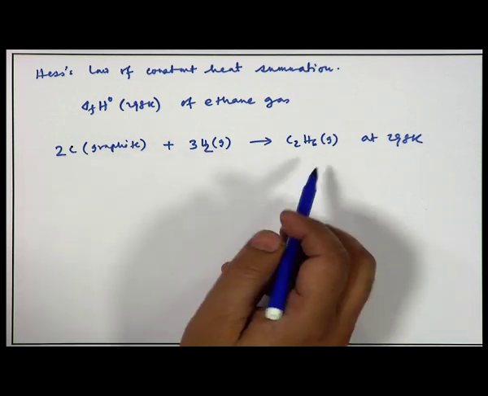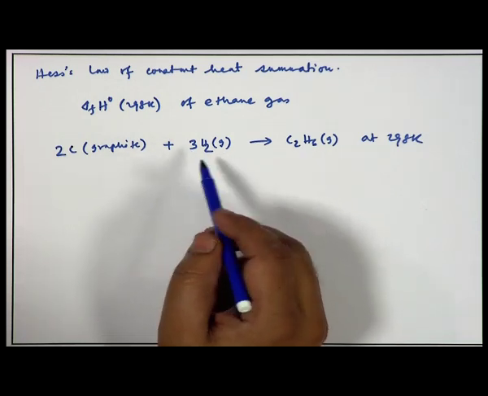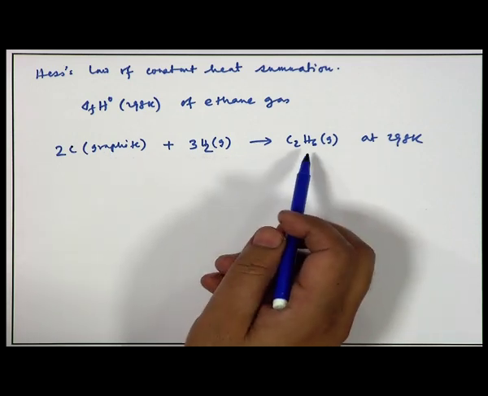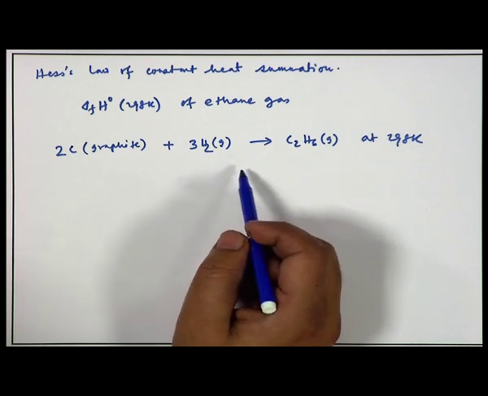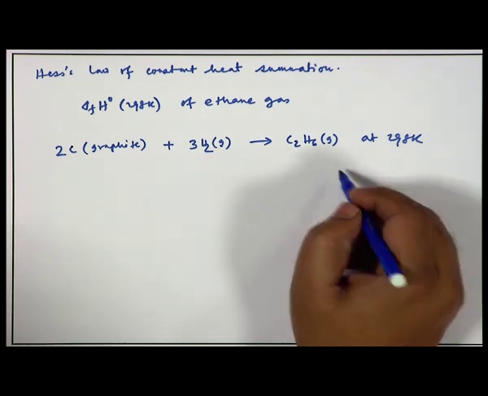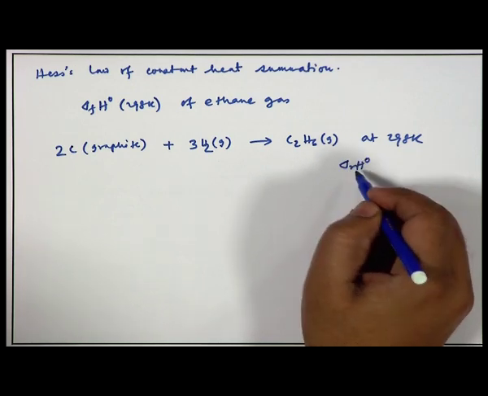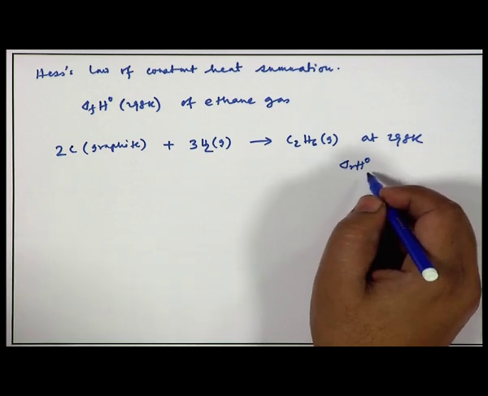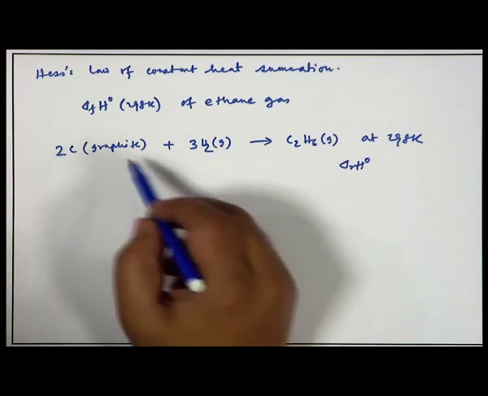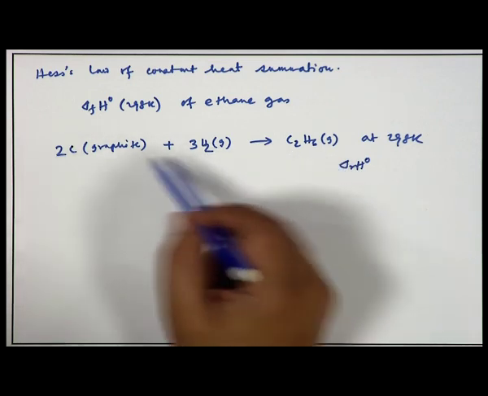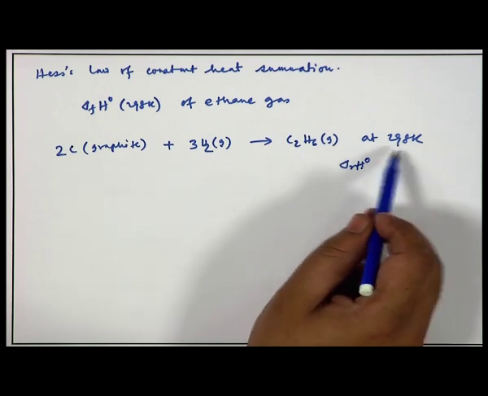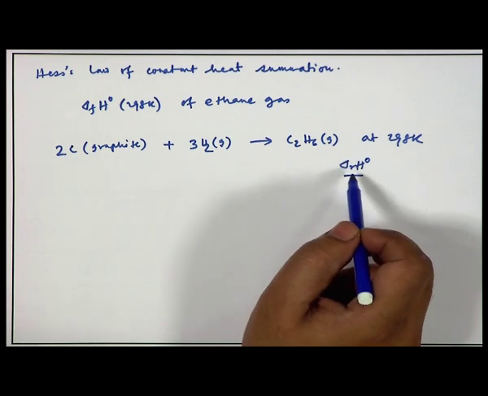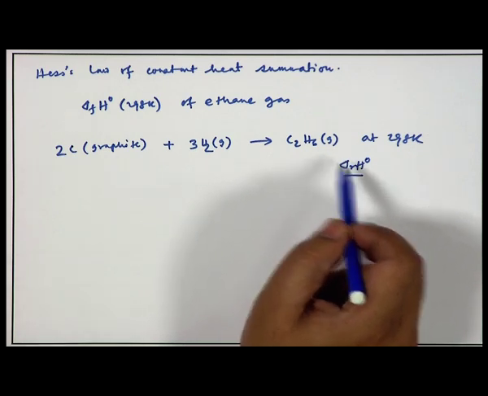Now, this reaction is not feasible, graphite reacting with hydrogen to produce ethane is not that common a reaction. So, the enthalpy for this particular reaction at 298 K is not experimentally determinable. Though we can imagine this formation reaction, this is not the way ethane is formed at 298 K. So, for this formation reaction, the enthalpy of reaction is not possible to obtain experimentally.